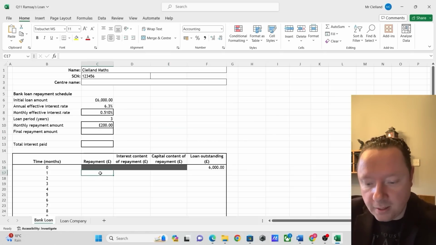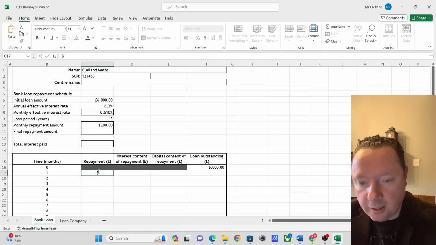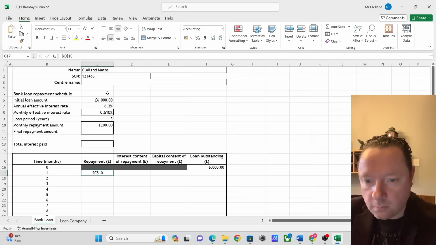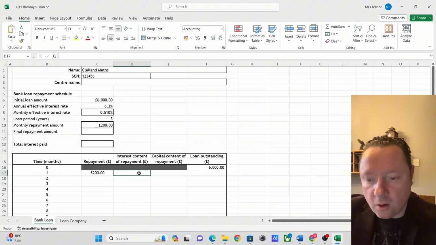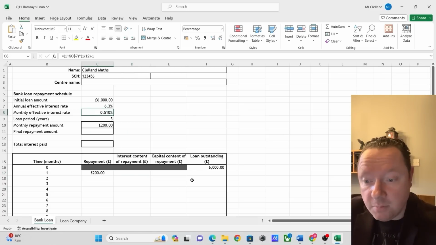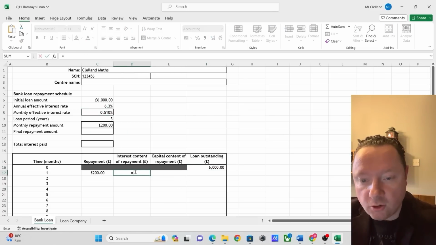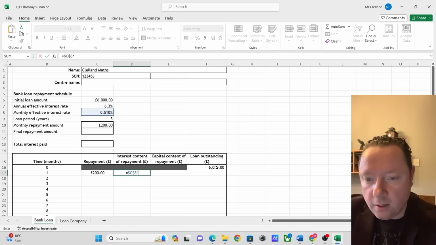Okay, so the repayment equals $C$10. Interest content of repayment. The interest content is equal to the monthly interest, which is $C$8, times the loan outstanding, which is just this one here, F16.